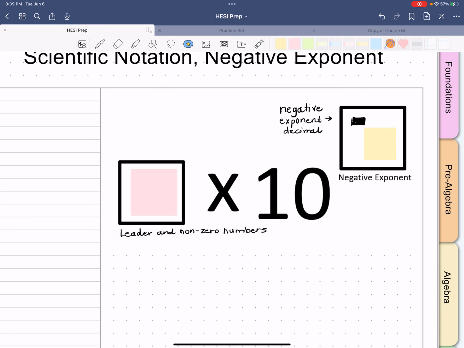So the example I used there, a negative exponent allows us to write very small numbers. And I'm talking like the eyelash on a flea, that tiny, tiny number. Or the diameter of an electron, something incredibly small.